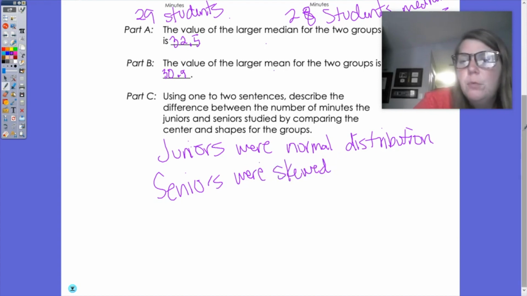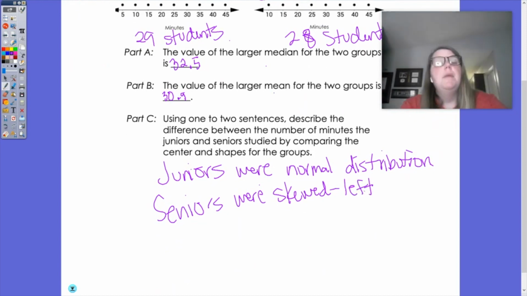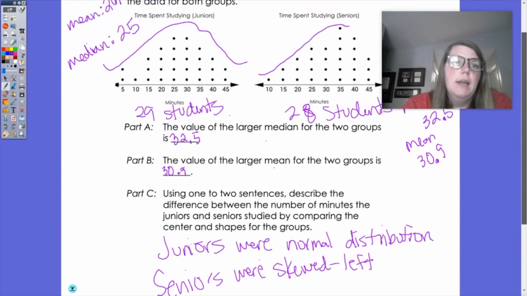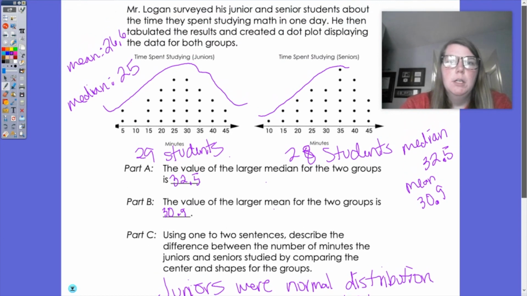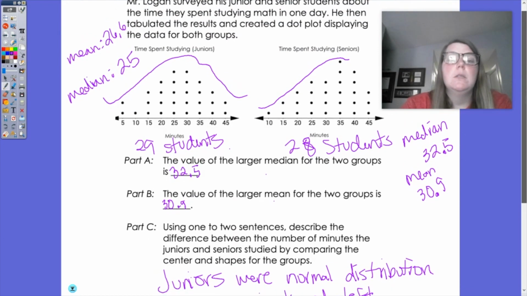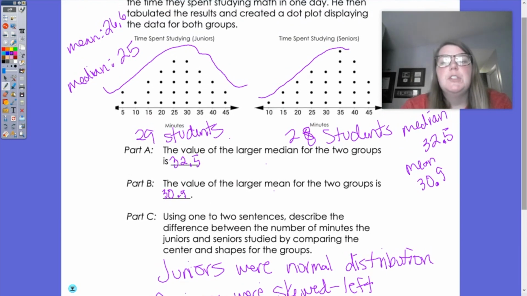If we go back up, which way is it skewed? Skewed left. And if we use the average or the mean, we can notice that the juniors studied 26.6 minutes in one day. And then for the seniors, we would want to use the median because it's skewed. So their average or measure of center would be 32.5 minutes in one day.